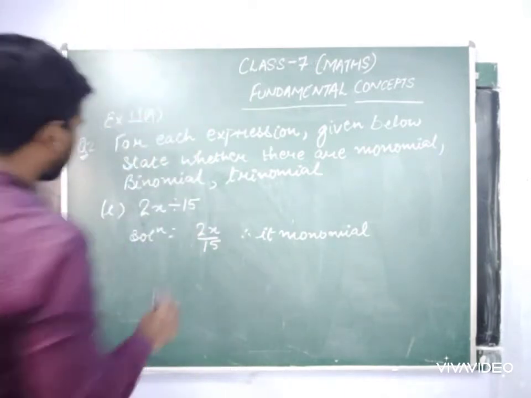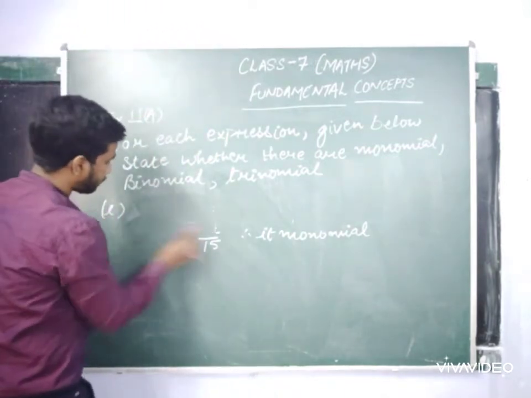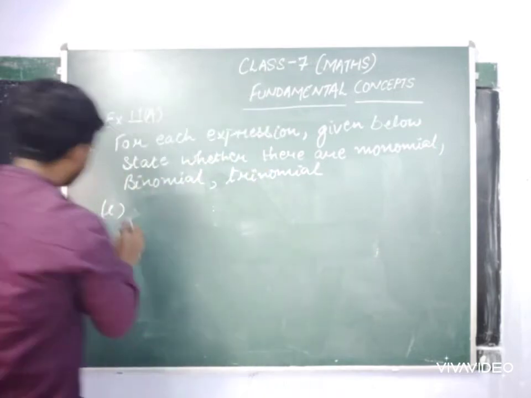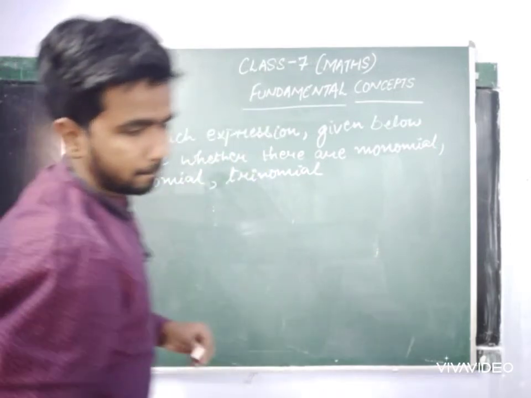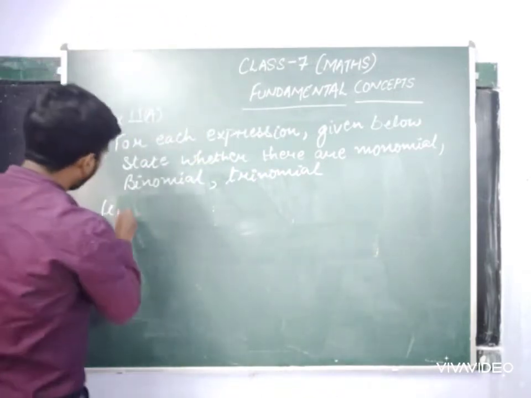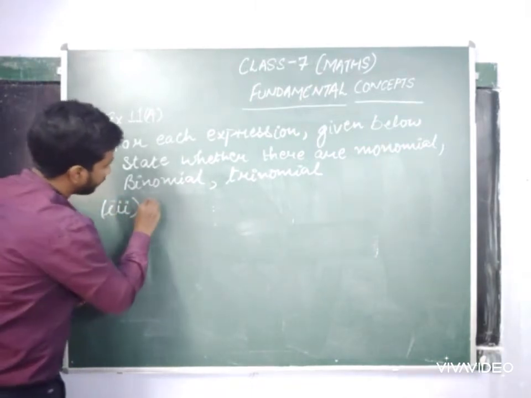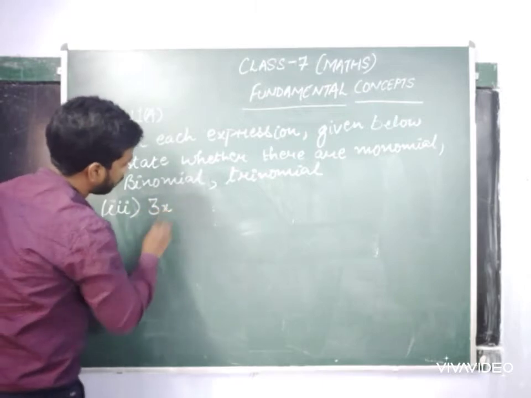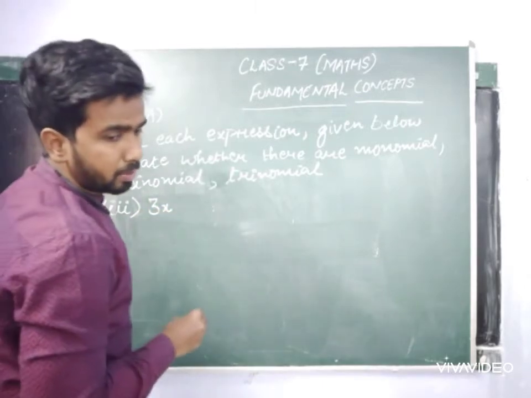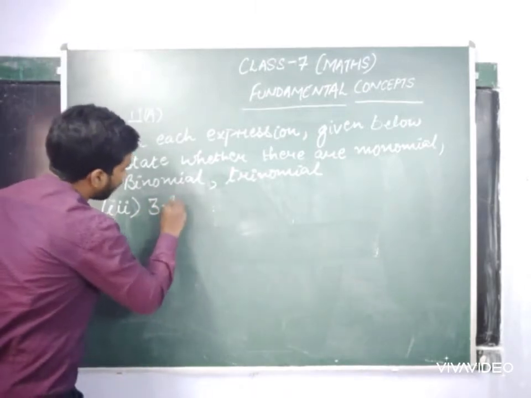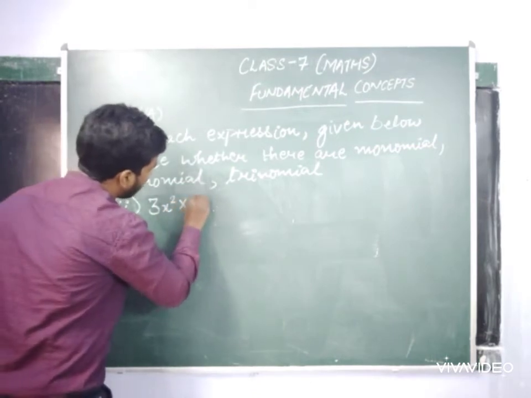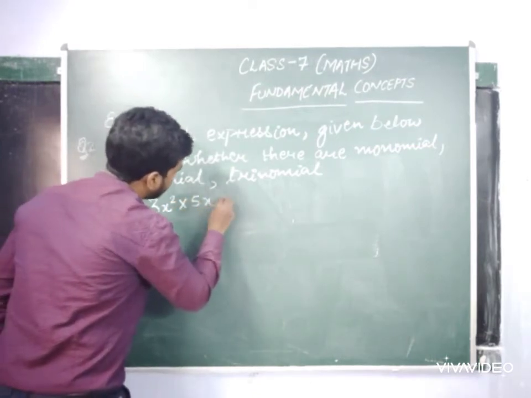Let's see the third part of question number 2. The third part which is given to us is 3x square multiplied by 5x.